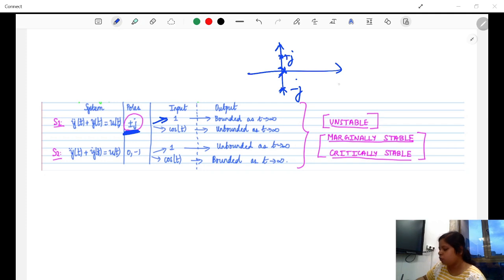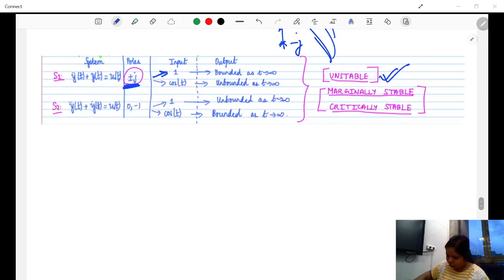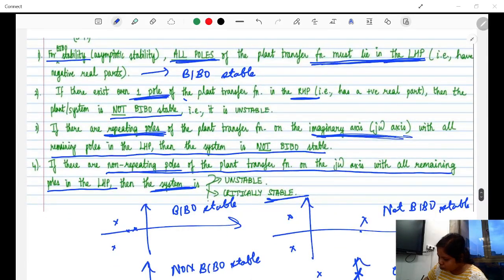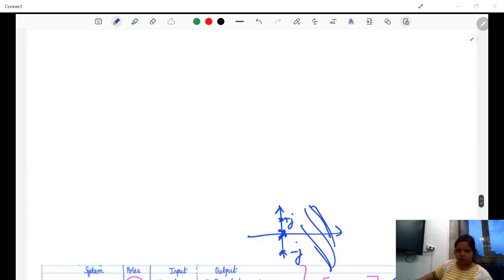But none of them lie in the right half of the S plane, hence it is going to be unstable. This is what was said in the fourth point, that if there are non-repeating poles on the j omega axis with all the remaining poles in the LHP, then the system is unstable.